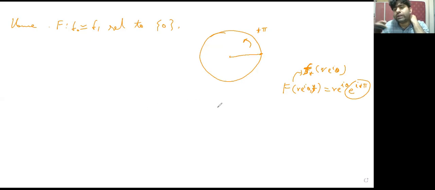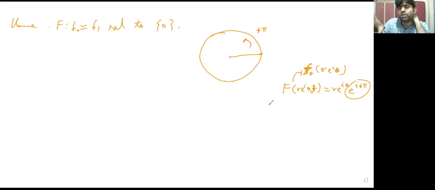There is a continuous deformation of F naught, right? To get F1. Slowly and slowly, F naught is getting deformed. Initially, it is identity, then for t equal to maybe 1 upon 4, it is rotation by 1 upon 4. Then for t equal to half, it is rotation by pi by 2.